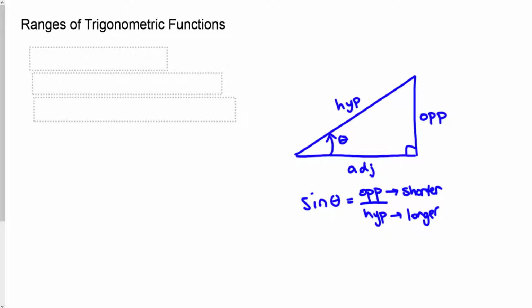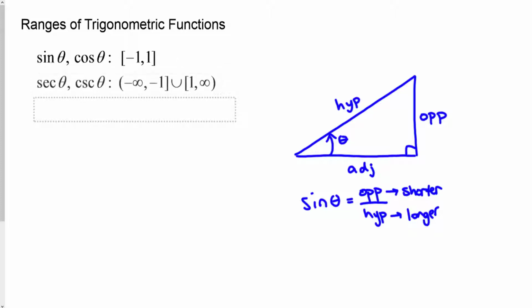In that case, when you take a smaller number divided by a larger number, you always get something that's less than 1. Same thing goes for cosine. So the only numbers that you can get out for sine and cosine are between -1 and +1. We saw how sine and cosine could be negative depending on the quadrant.